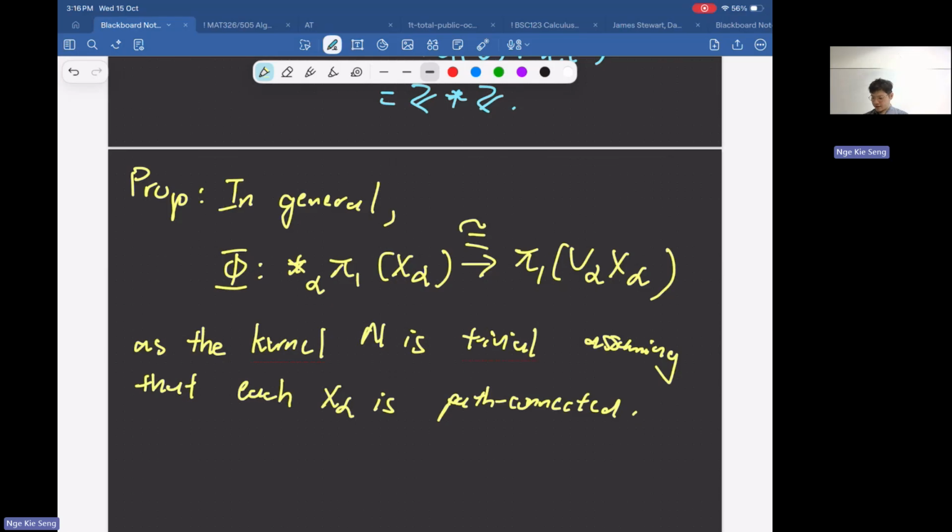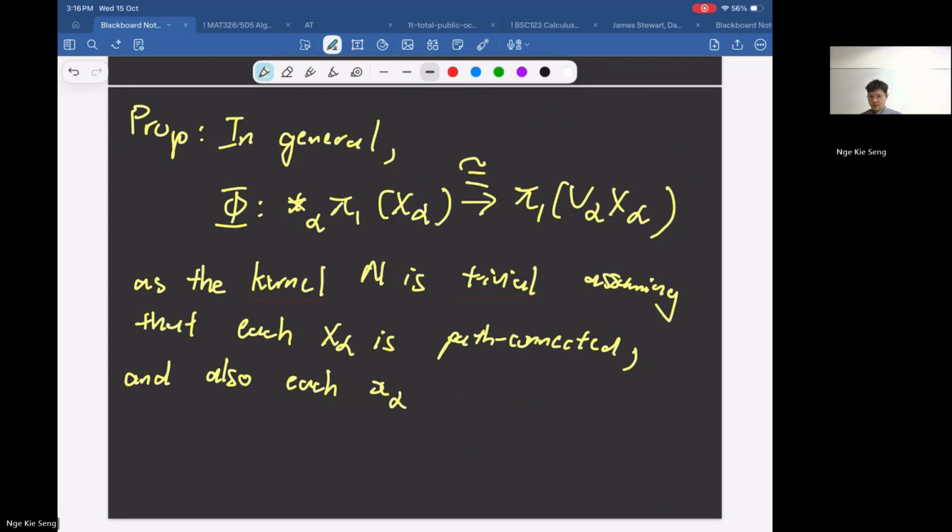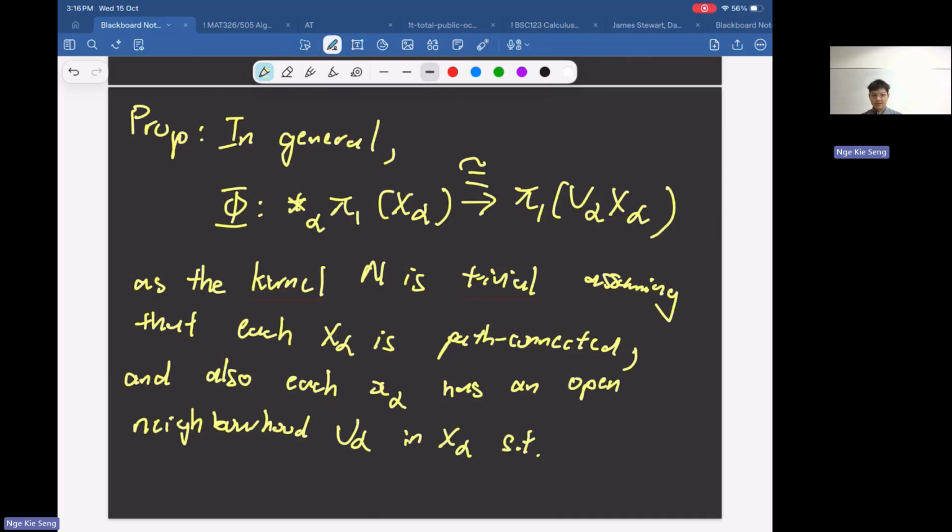Moreover, each x alpha here, the small x alpha, the pointed point, has an open neighborhood u alpha in x alpha such that x alpha is a deformation retract of this open neighborhood.